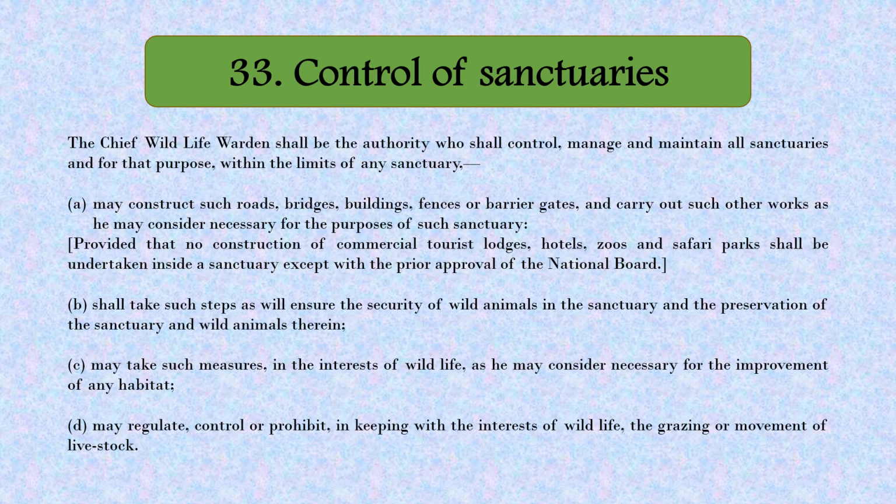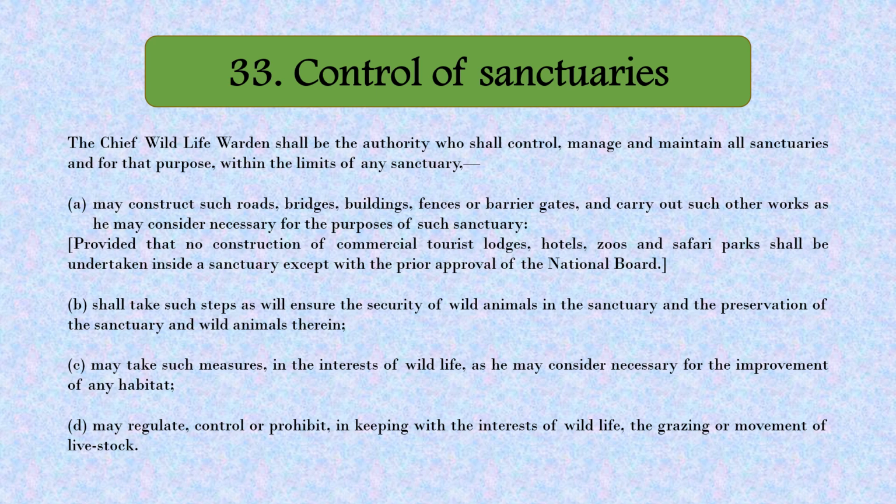So the next section, section 33, deals with the control of sanctuaries, and it tells about the chief wildlife warden being the main controller, having the authority to control these sanctuaries.